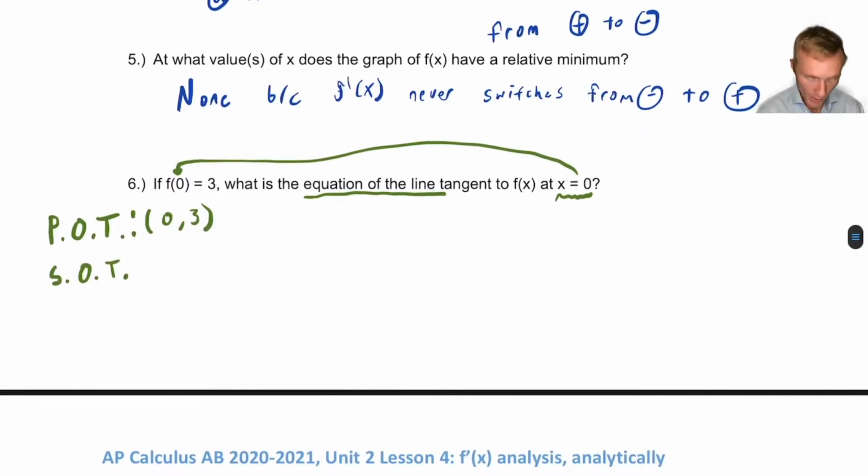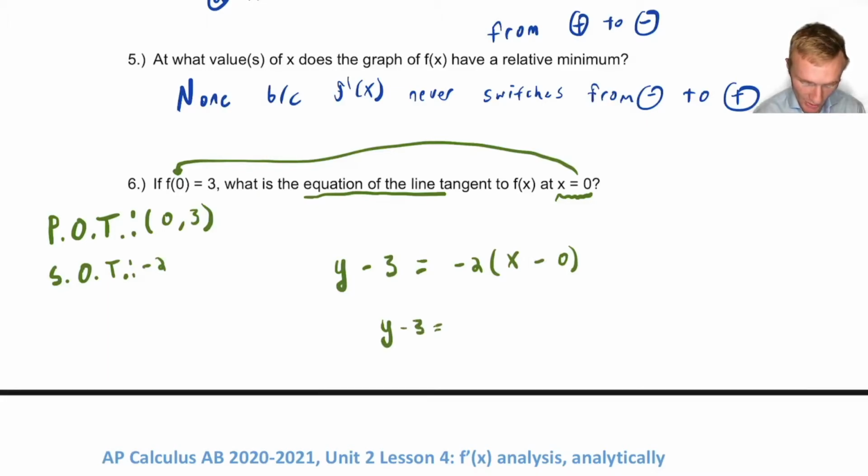And so we have a point, we have a slope, point-slope form: y minus y1 equals the slope times x minus x1. If it's open response, you're done there. If you wanted to get fancy, you could say this is y minus 3 equals -2x. If you wanted to go all Algebra 1, you could turn this into slope-intercept form, but completely unnecessary.